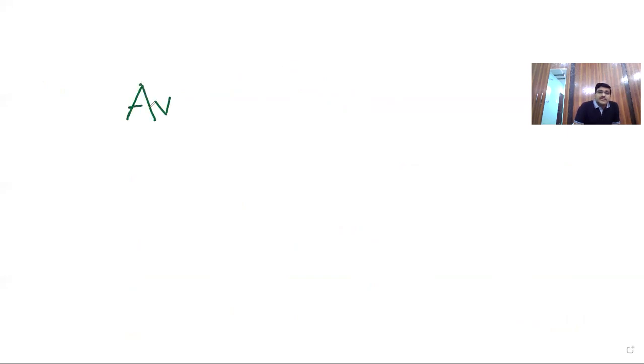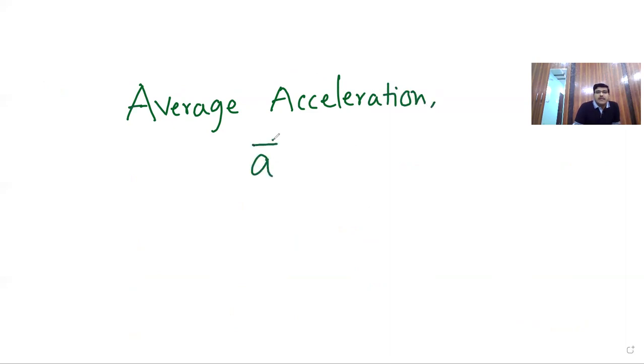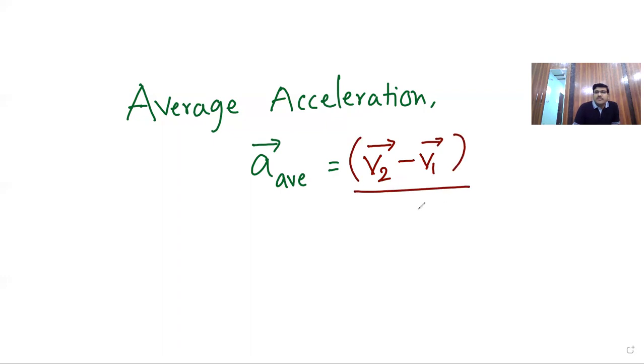Now, observe carefully, average acceleration, A bar AV, where AV stands for average, is simply defined as V2 bar minus V1 bar, the change in velocity in the numerator, by the change in time in the denominator, T2 minus T1.